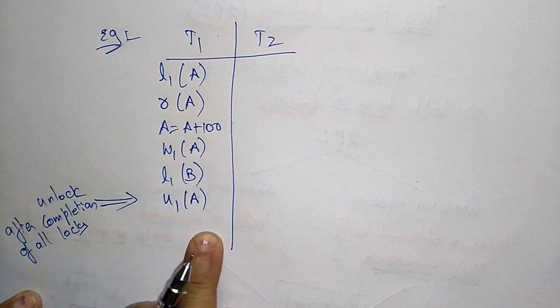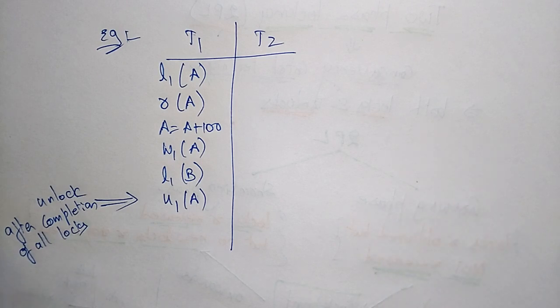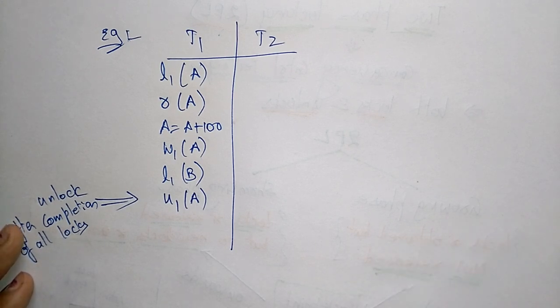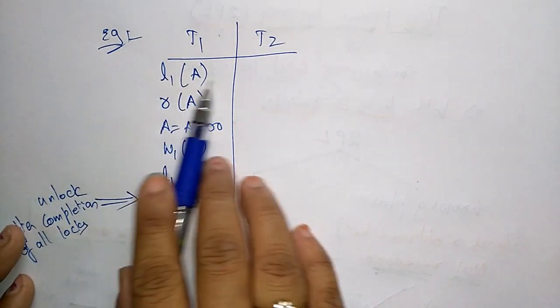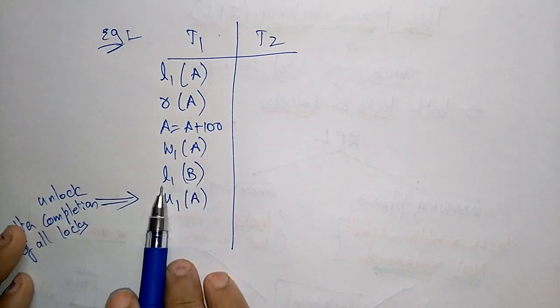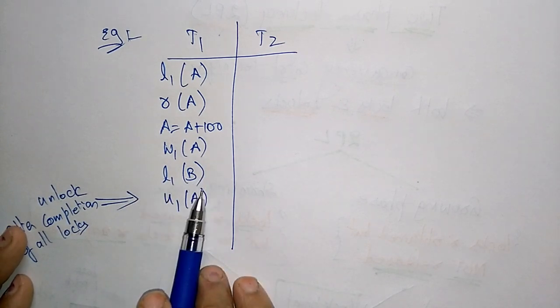After unlocking A, the transaction is not allowed to create any new locks. When you start the unlock operations, you come to the shrinking phase, and you are not allowed to go back to the growing phase. First it locks one data item and does the operation, then it locks another data item.